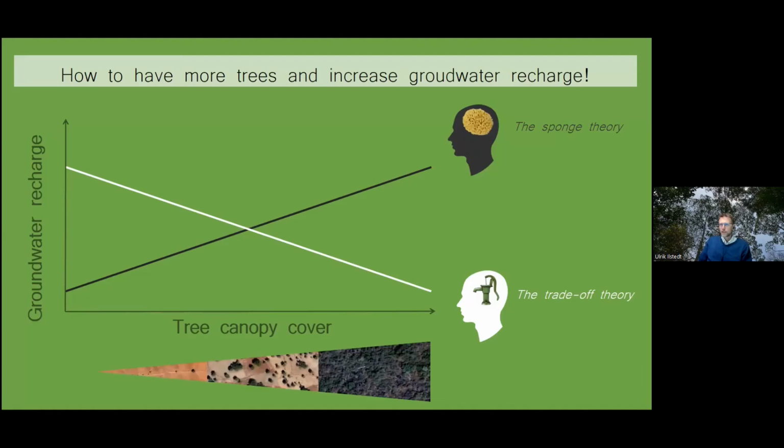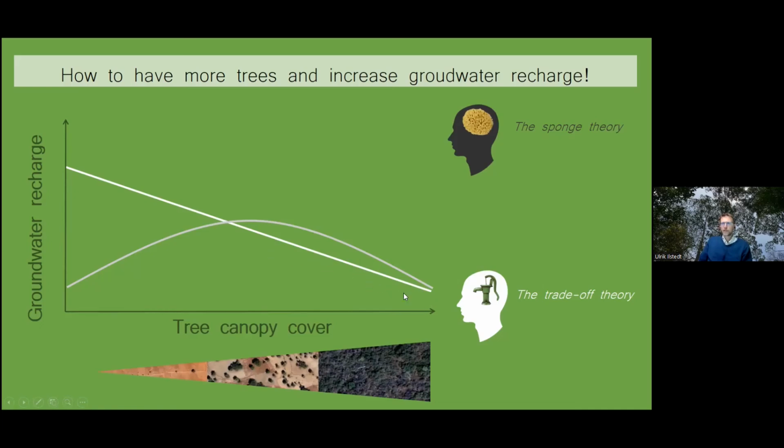So if we're summarizing this, we can say that, well, we don't have this linear increase with tree canopy cover. Instead, we might have two situations. In many situations, like in temperate areas, in boreal areas, we do have a decrease in groundwater recharge the more trees we have.